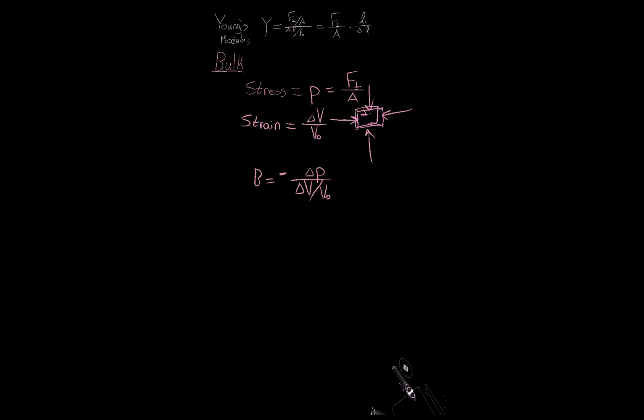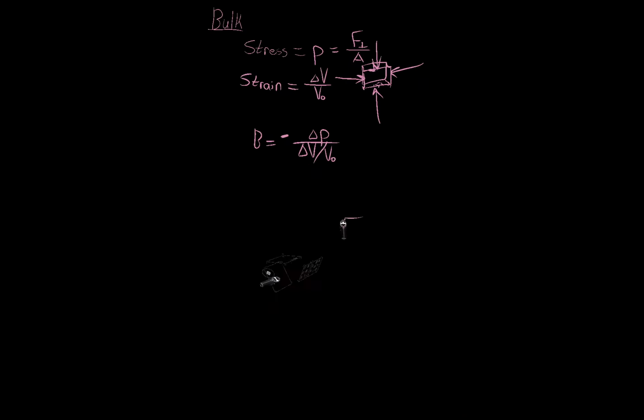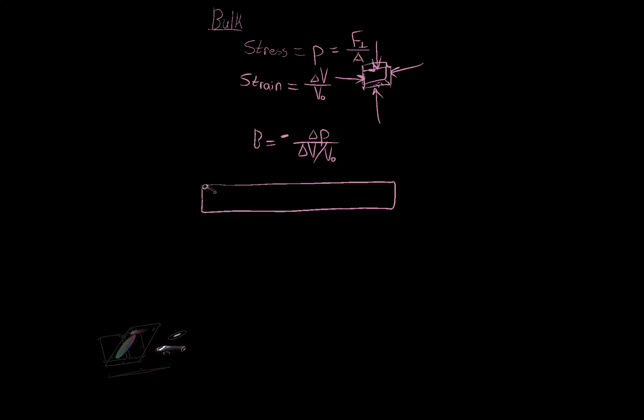Things can also experience multiple stresses at the same time. So if you lay a bar horizontally, let's say this is an iron bar, right? And it has some volume. It's pretty heavy, right?